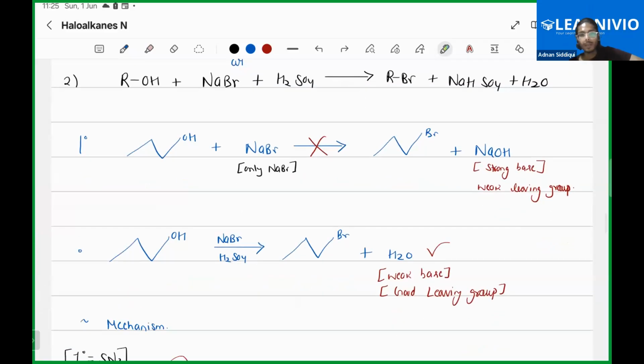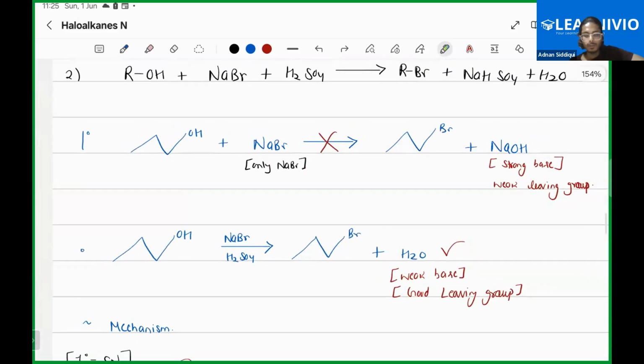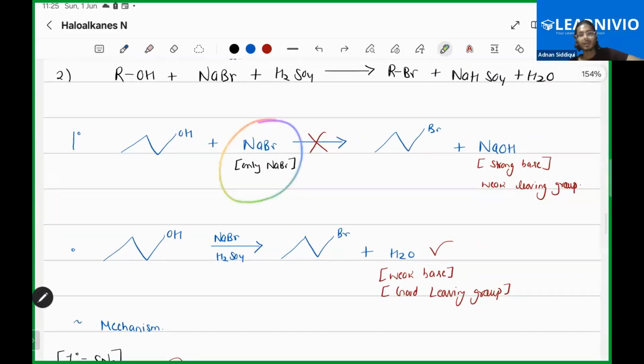Now, from here, suppose I am only using NaBr and not using H2SO4, what is going to happen? If I am only using NaBr, the reaction won't proceed. Why? Because of the leaving group. Have you heard about leaving group?